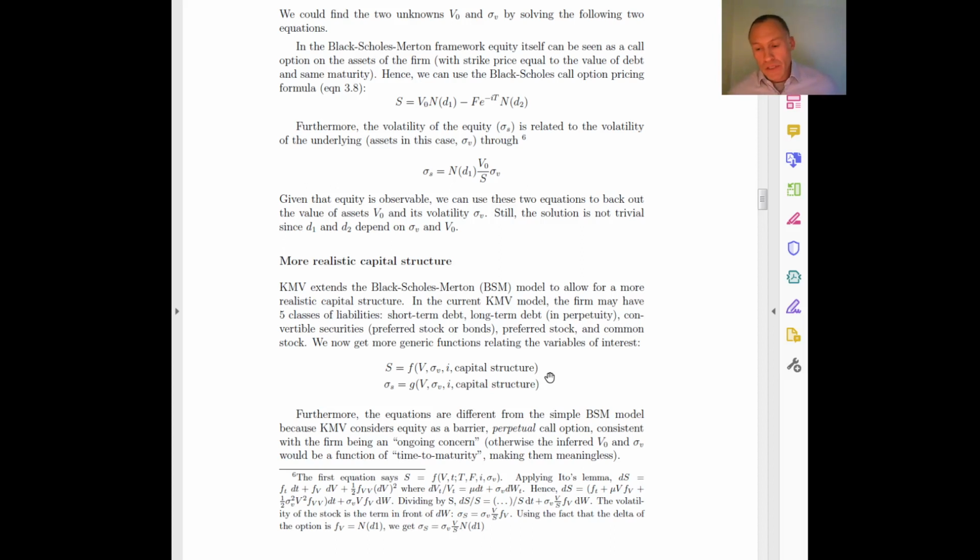We do not know the details of what they do, so this model is proprietary. They charge their clients for their output, so they don't give us the full details of what goes on in their computers, but it will be something that looks more or less like this, adapted to a more realistic capital structure.